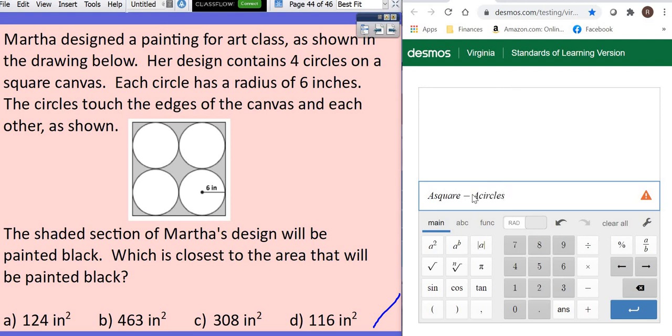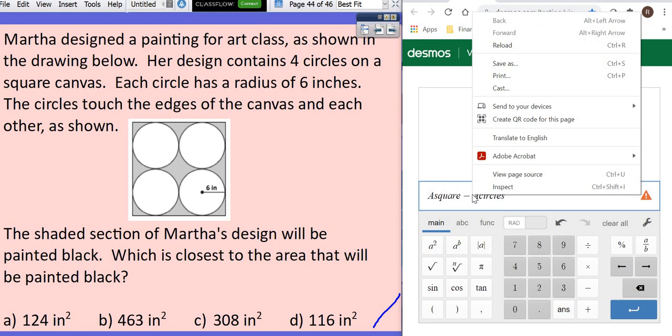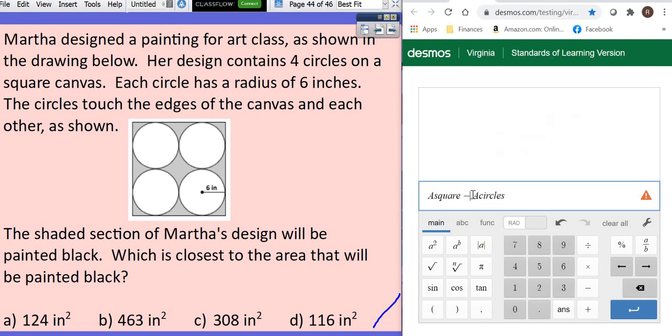So I'm going to put right up here in the front, I have to multiply this by 4. I'm going to put a parentheses and a 4 in there just so I can remember that I'm going to have to multiply the area of a circle by 4, because there's 4 circles.